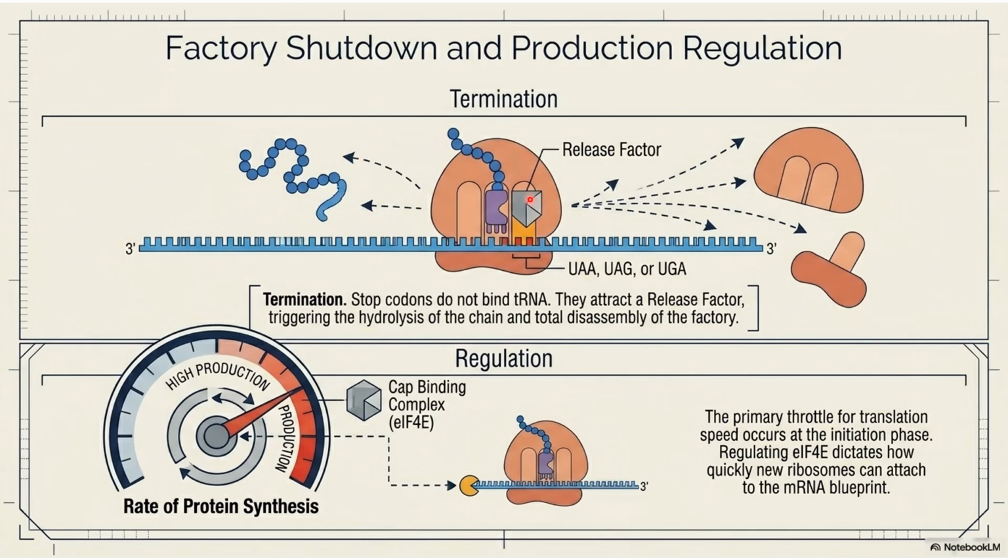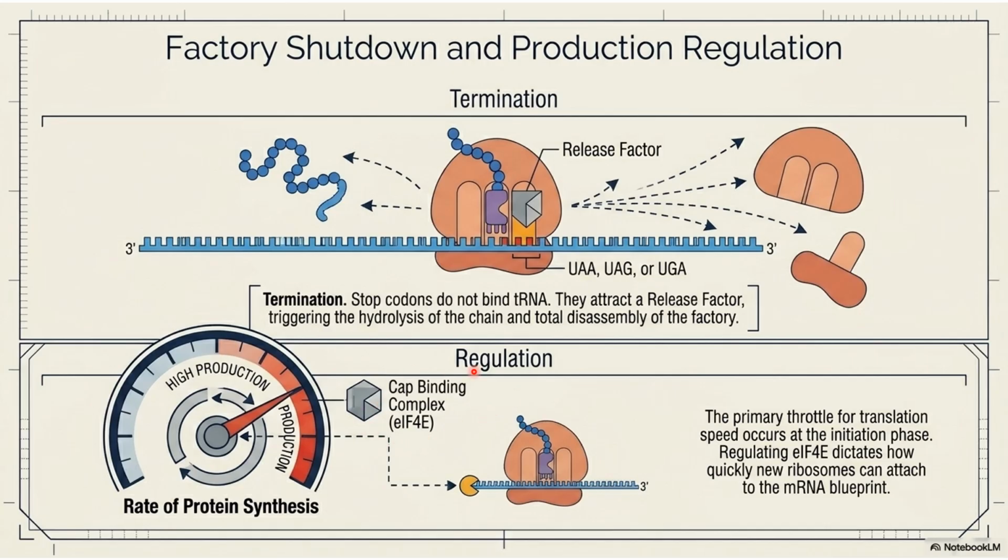The ribosome will be disassembled and moved away from the mRNA track. The factory was shut down. So this is how termination takes place. When a stop codon is recognized, release factors are attracted, and that will hydrolyze the chain and disassemble the factory, that is the ribosome.